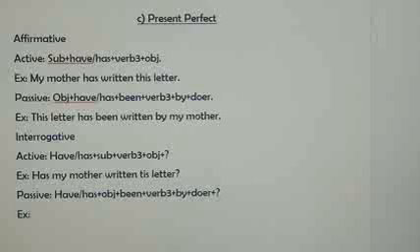Let's see the example once again. Here the first example was for the interrogative of present perfect. Has my mother written this letter? So the passive voice will be: has is placed before the subject.